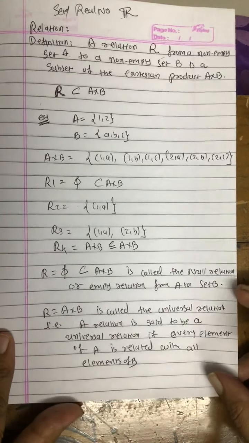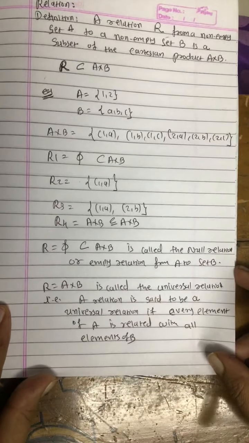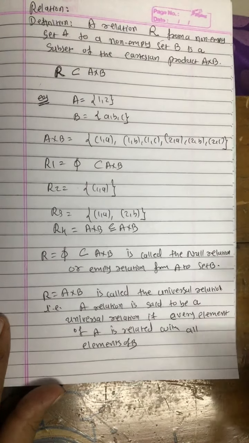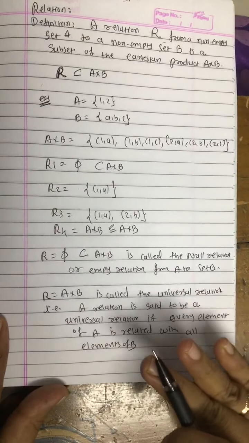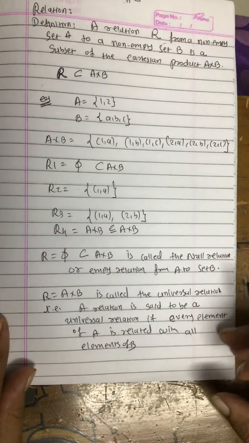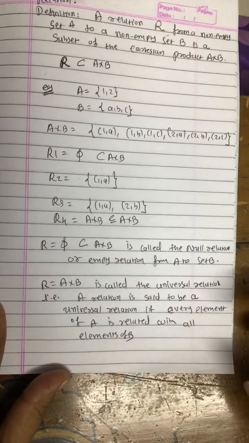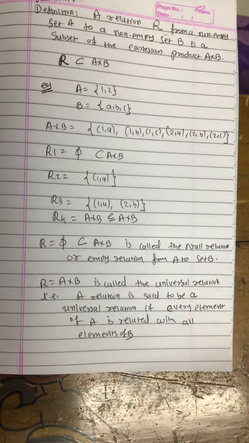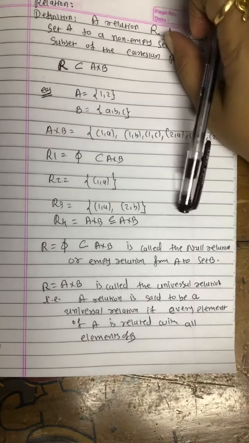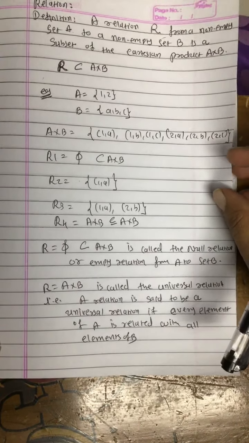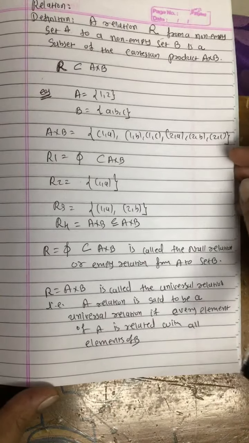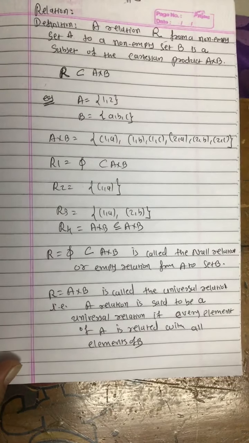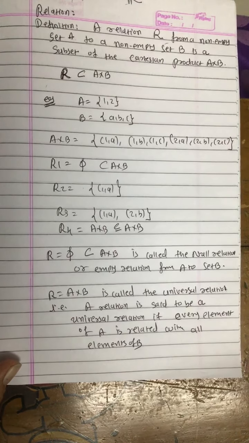Now a few things about the relation, student. As we have studied, A cross B is not the same as B cross A. So a subset of A cross B is said to be a relation from A to B, and a subset of B cross A is said to be a relation from B to A. Like in our day-to-day life also, the relation, rishta, between two persons can be different from A to B and from B to A. Just for example, I can say Amitabh is father of Abhishek, right? So the relation is of being father, but Abhishek is son of Amitabh, right?